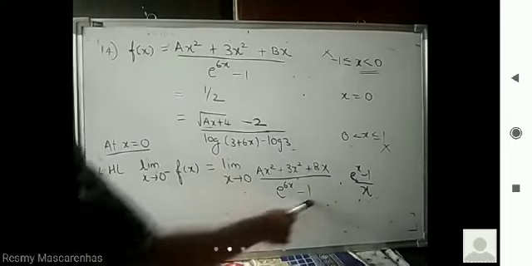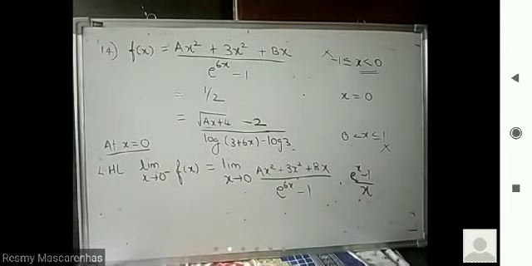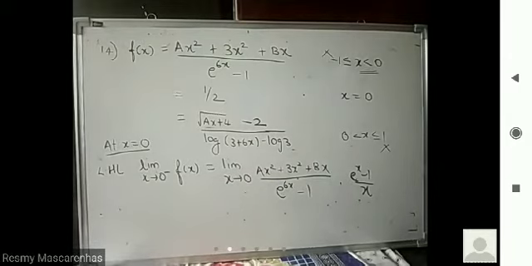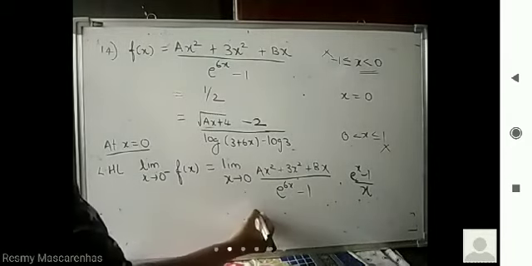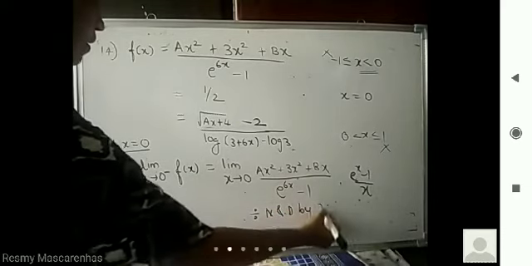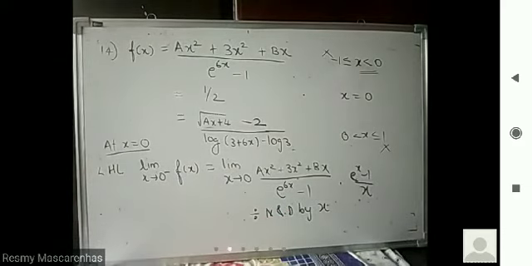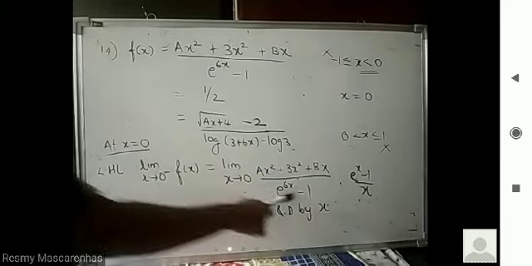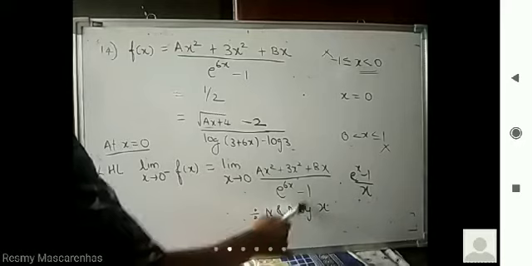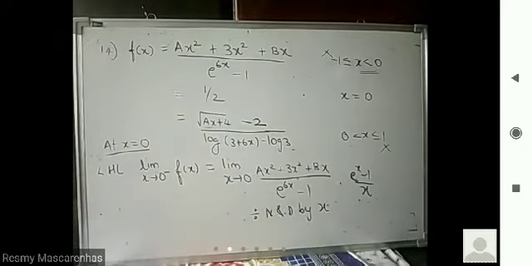What is missing at the denominator? x is missing. So divide numerator and denominator by x. Why? So that it comes in this form, e raised to x minus 1 upon x. x is missing here, so that's why divide numerator and denominator by x.